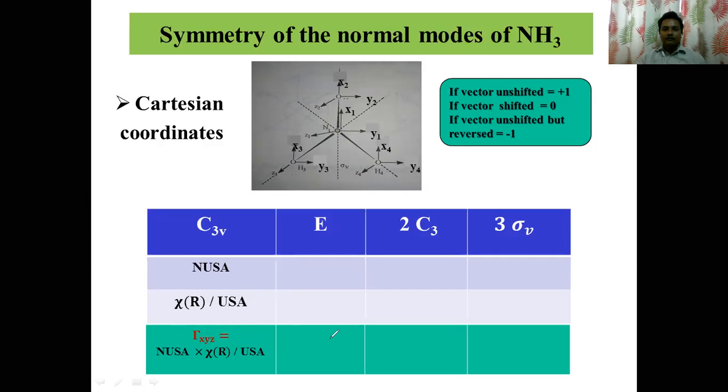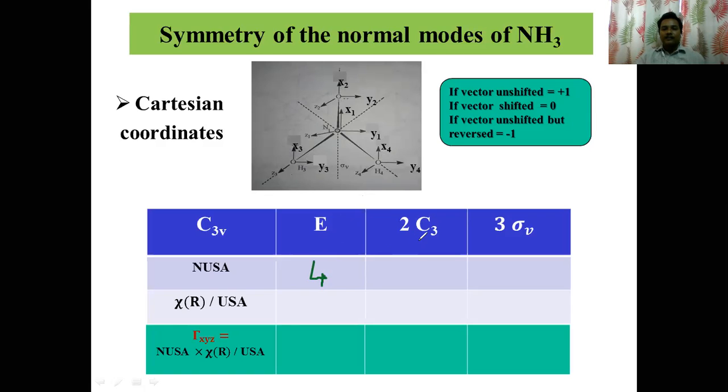Now if we look at the identity operation for this ammonia molecule, the number of unshifted atoms is going to be 4, because 1, 2, 3, 4, right?